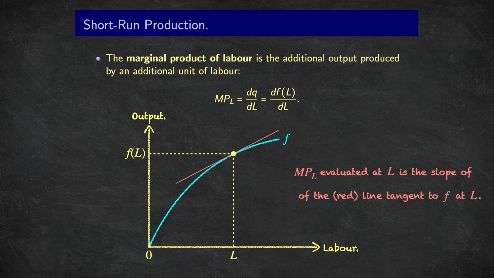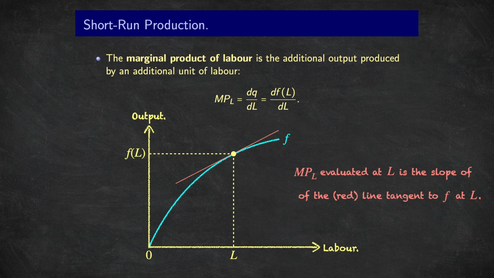In words, the marginal product of labour is essentially the additional output produced when we employ an additional unit of labour. So if I have 10 units of labour and I employ an 11th, by how much does my output go up or go down? That's what we call the marginal product of labour.